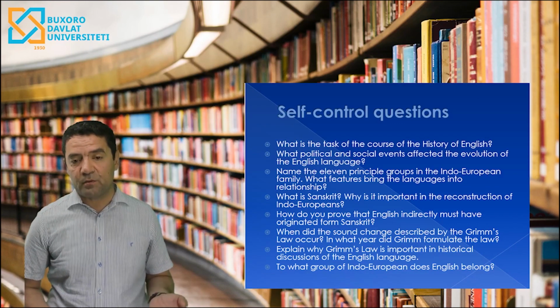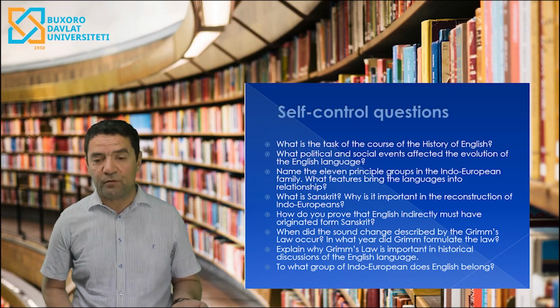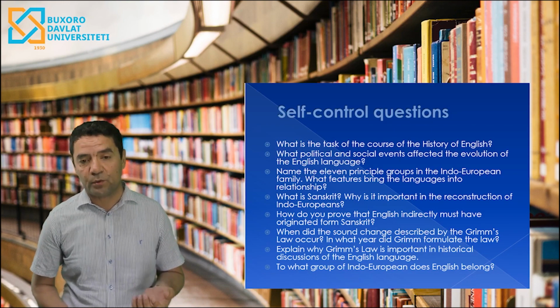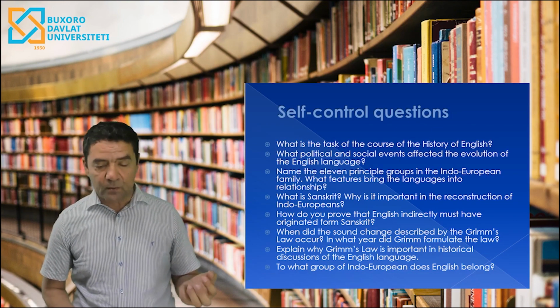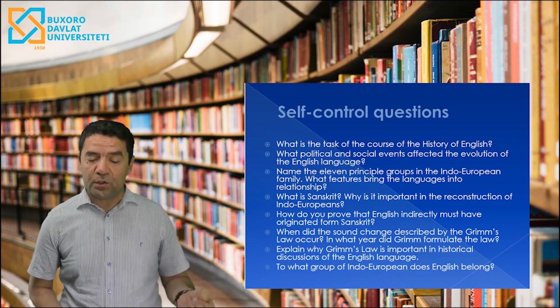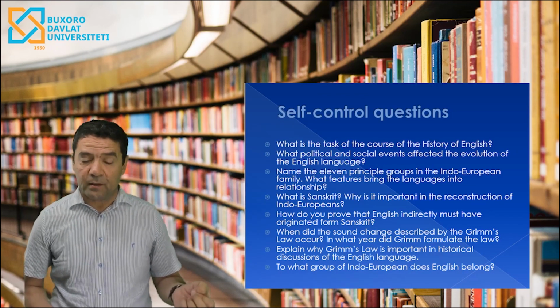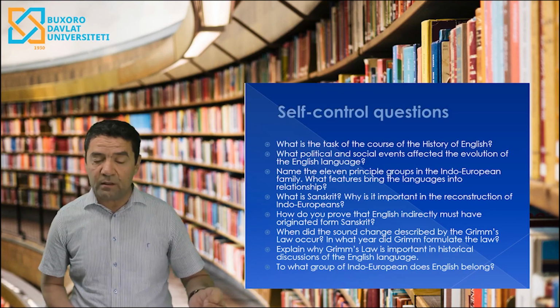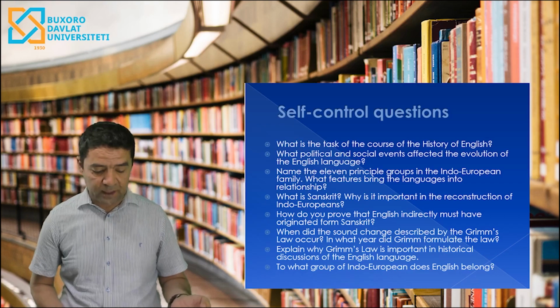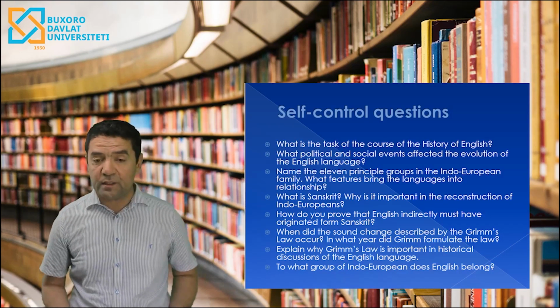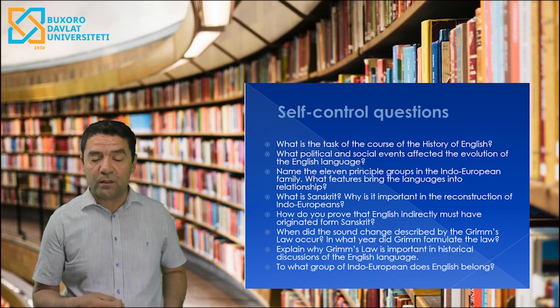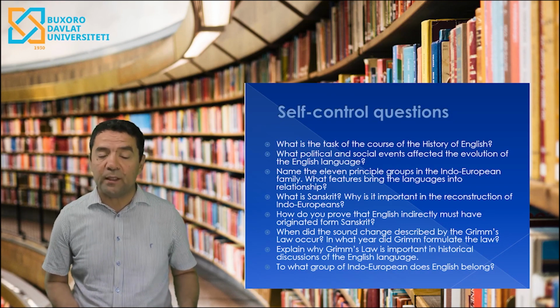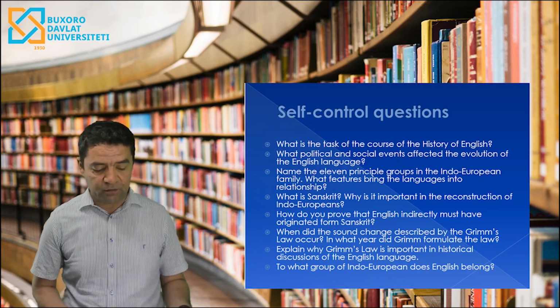As for the principle of the Indo-European family of languages, it is very important. Why? Because the English language, according to the investigation of the scientists, the hypothesis is that the English language originated from the Indo-European, and it is a part of the Indo-European family of languages.